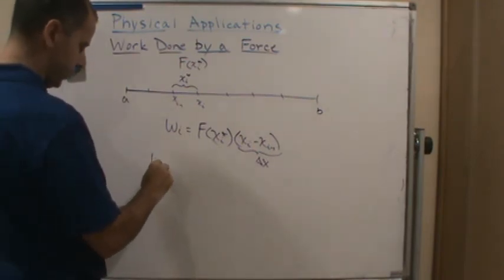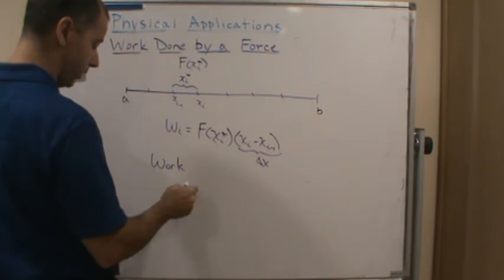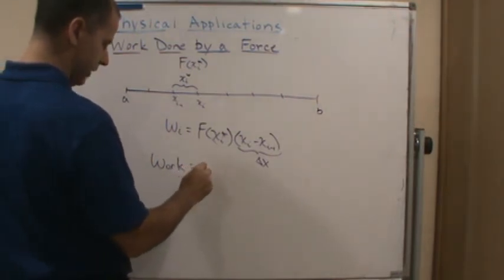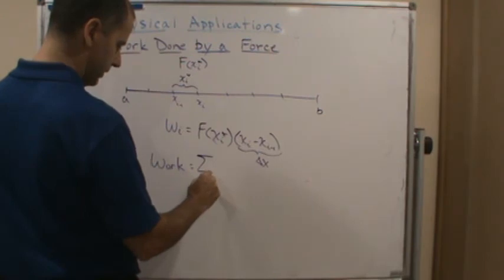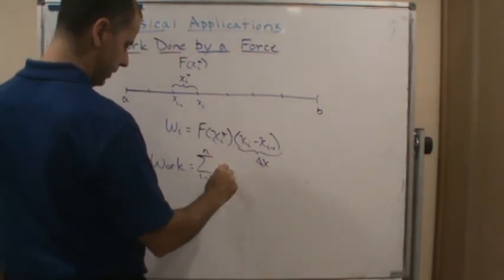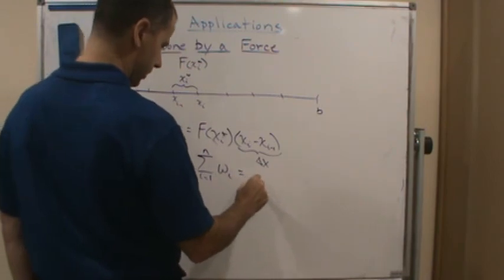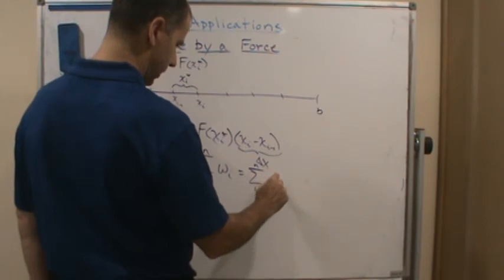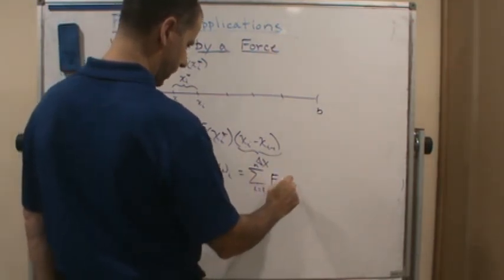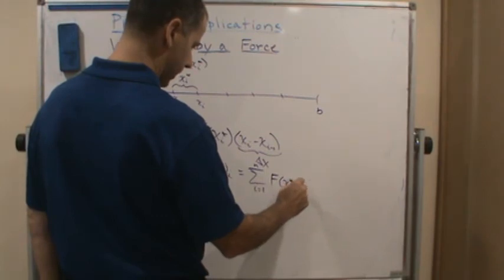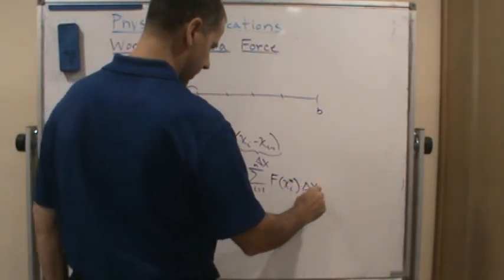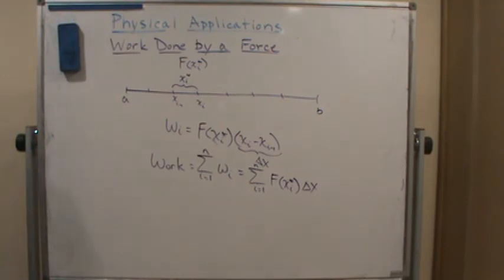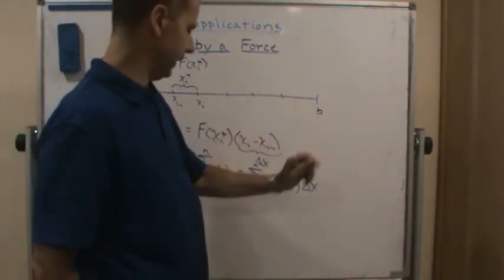So the work performed by the force over a distance is equal to the sum as i goes from 1 to n of W sub i, which equals the sum as i equals 1 to n of f of x sub i star times delta x. And that is the approximation for the work done on an object from a distance A to B.